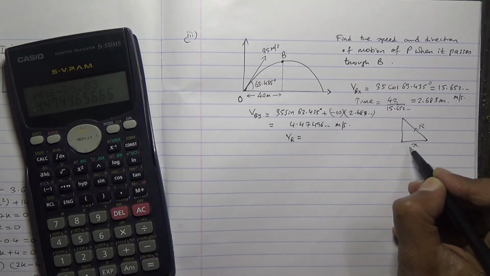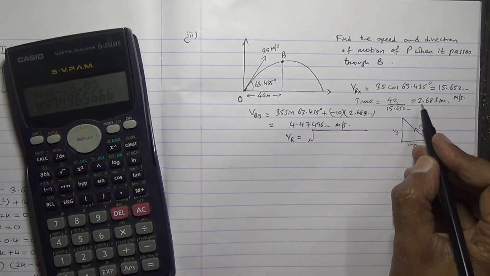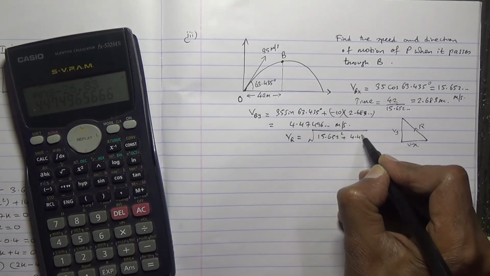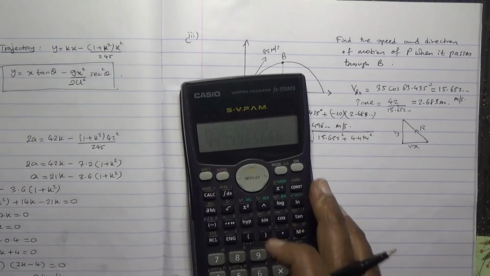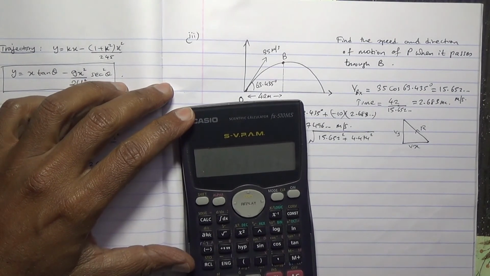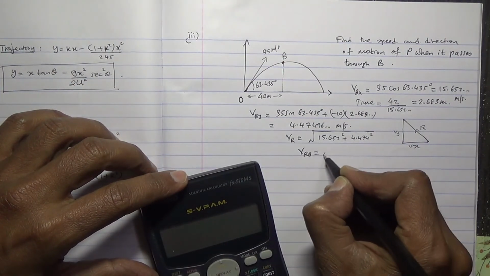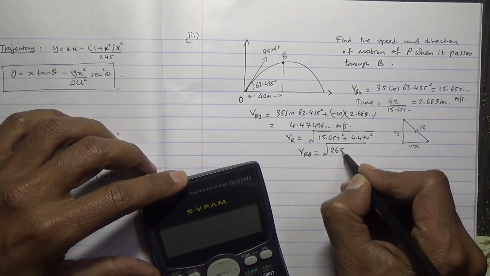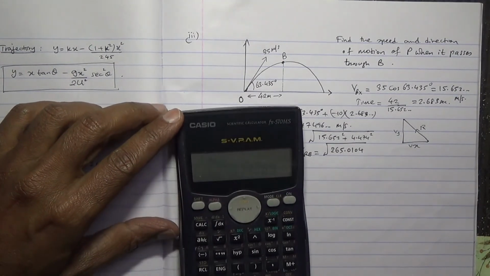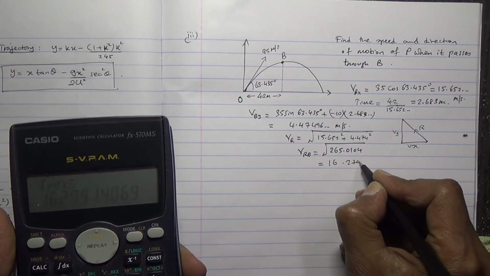So we take the square root of Vx squared plus Vy squared: 15.652 squared plus 4.474 squared is 265.0104, and that turns out to be 16.279 and so on.